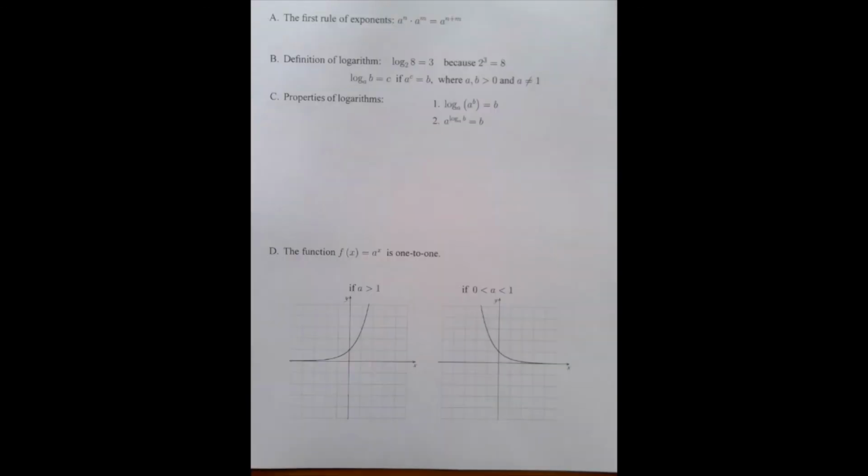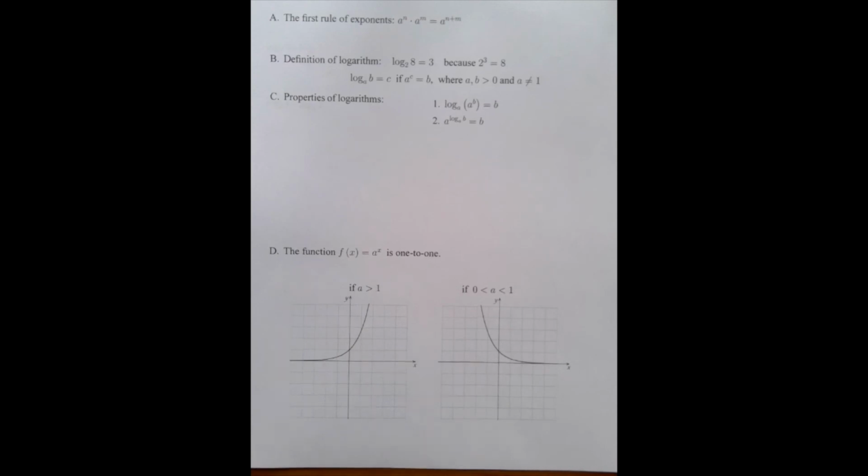All right. The third ingredient is the fact that exponential functions are one-to-one. If the base is greater than 1, we have exponential growth. If the base is less than 1, then we have exponential decay. But in either case, the function is one-to-one.